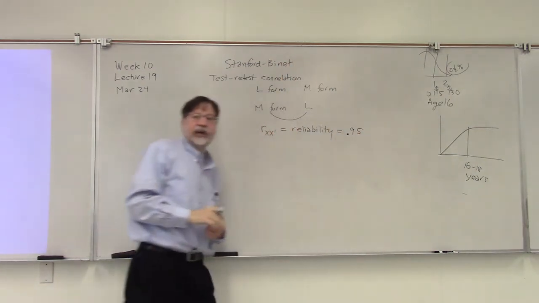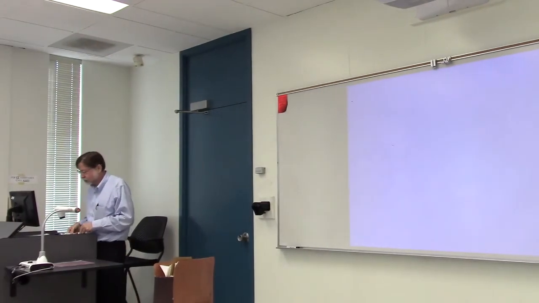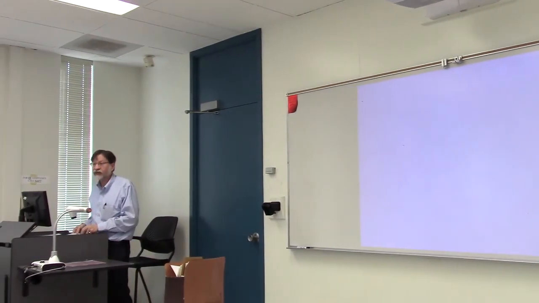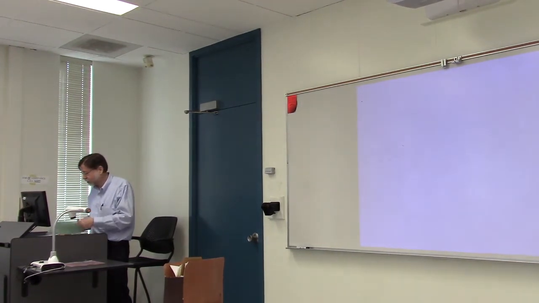Is that a high correlation? Would you go to the store for 80% off? Would you go to the store for 85% off? So you're liking that as a correlation coefficient.